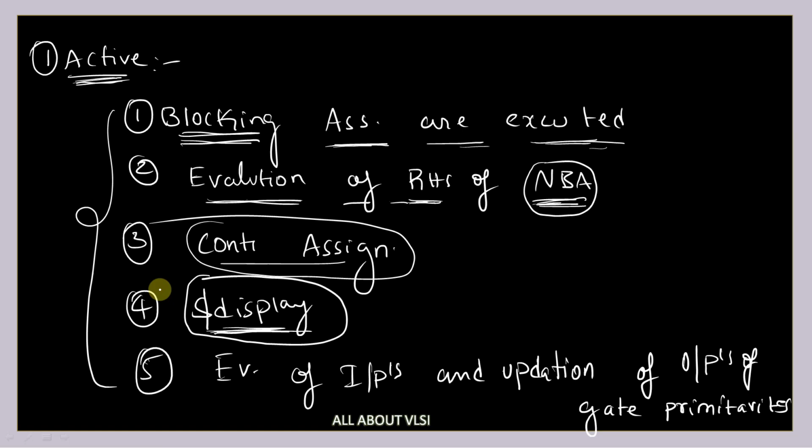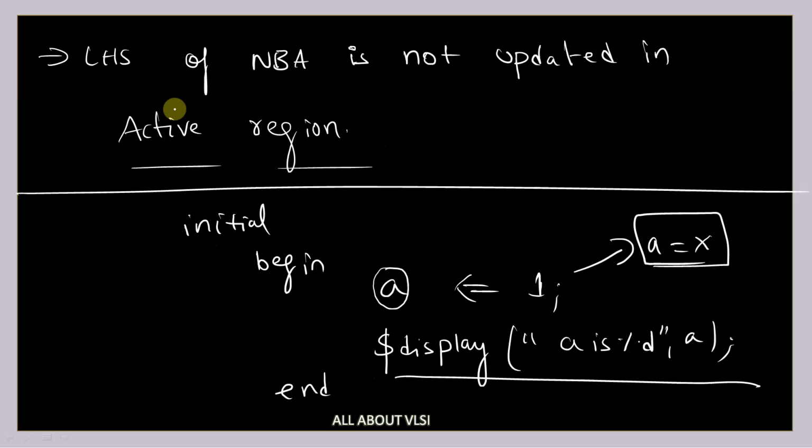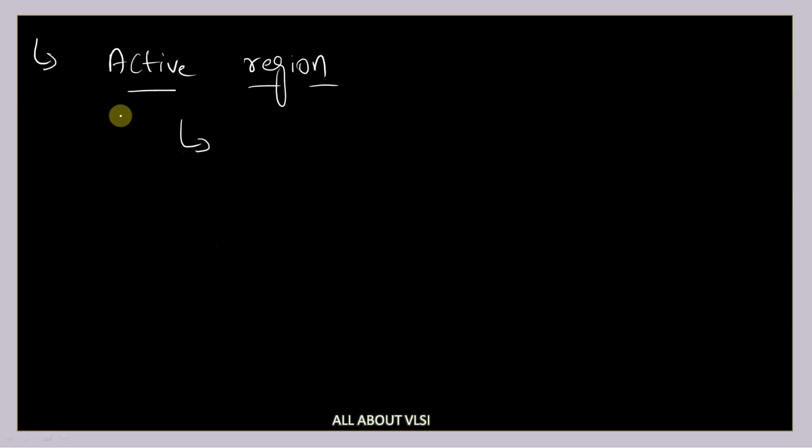Now in this particular session, first of all, let us try to understand our next types of regions, that is the NBA region and the postponed region. But before that, we will discuss some more system tasks, which is $monitor. This $monitor is also used for displaying content.